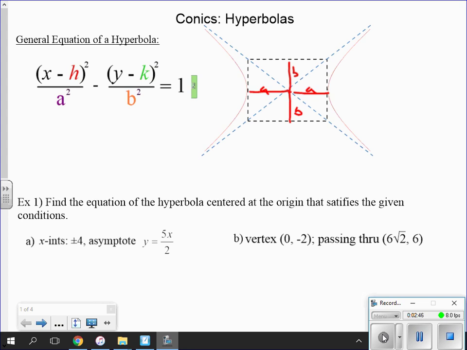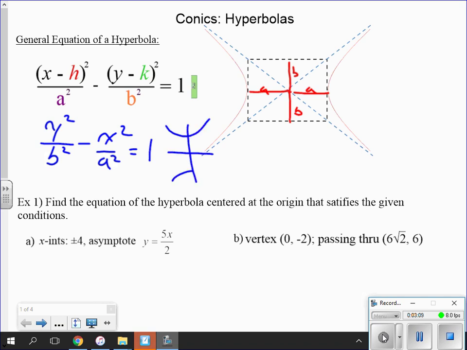Now, you'll notice the direction of our hyperbola. They go out horizontally. This is because we have x squared. If we have y squared, still over b squared, minus x squared, still over a squared is equal to 1, then those open up and down vertically.